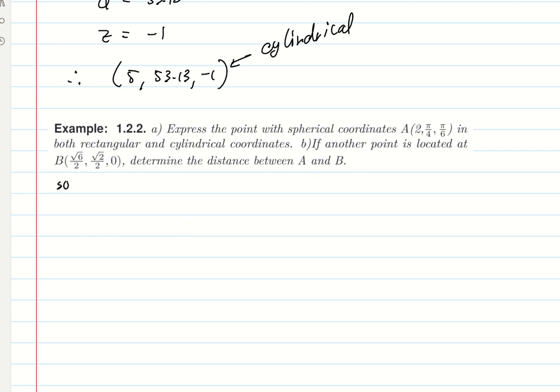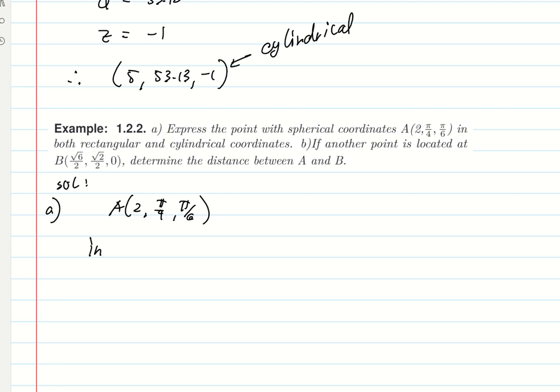So for letter A, solution. We just need to express point A, which is (2, pi over 4, pi over 6), in rectangular and cylindrical.